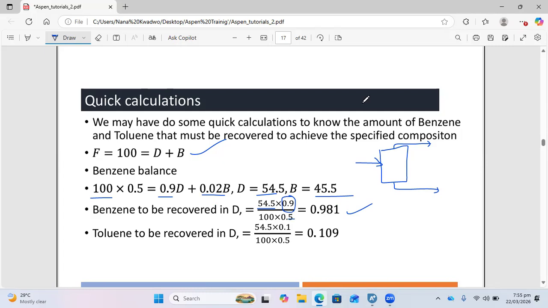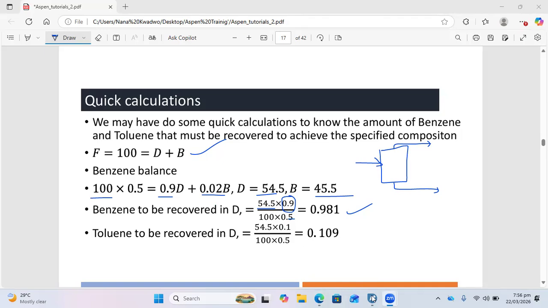Please, we are familiar with these calculations, right? Do we get it, or are there any parts I would have to go over? Yeah, we are okay.